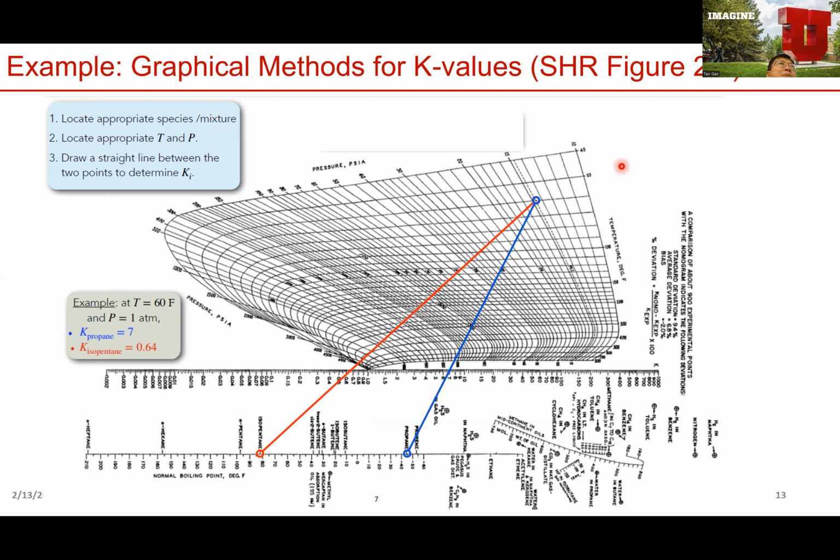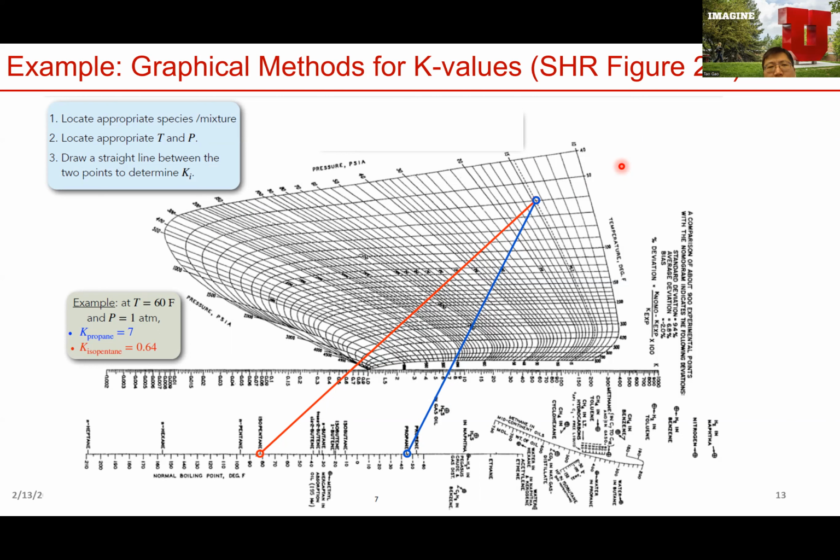But in the older times in which we don't have computers, or computers are not powerful enough, a lot of times engineers had to use graphical methods to get the K value, which is basically like a table in which you have all the values for a lot of different chemical species, right? But in a graphical manner. And we can get the K value from this graph.